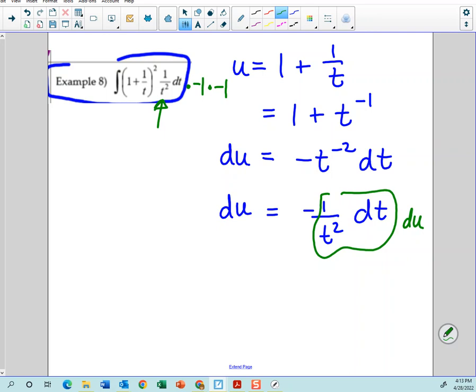I'm going to do a -1, -1. So the -1 and the 1 over t squared dt is going to go in the du. And this other -1 is going to be the number that goes out in front.